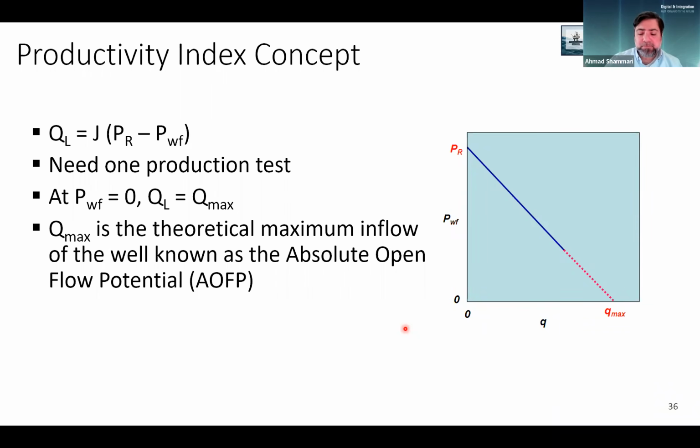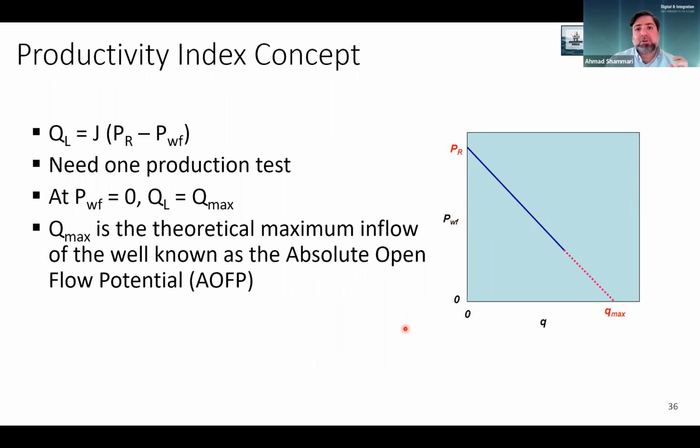Just one test point. I go and make a test where I basically open the well choke. I wait for some time until the production stabilizes. I know how much liquid rate I'm producing, say, for example, 2,000 barrels, 1,000 barrels, 500 barrels. And then I must have a downhole sensor to measure the flowing bottomhole pressure.